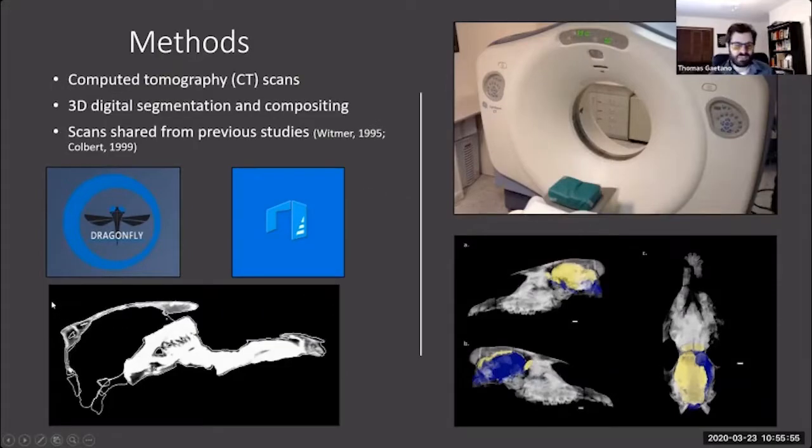In the case of the Tapirus polkensis infant, there was some digital compositing necessary to complete the endocranial shape. We found ontogenetically similar specimens of those missing bones and used 3D Builder to compile the surface scans of those into the CT scan data, and I used that to guide the segmentation of the endocranial space for the infant. And then I also collected scans that were done in previous research studies.